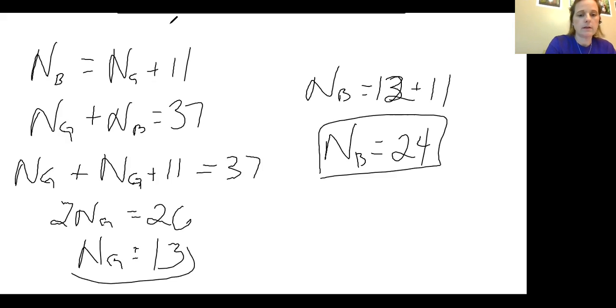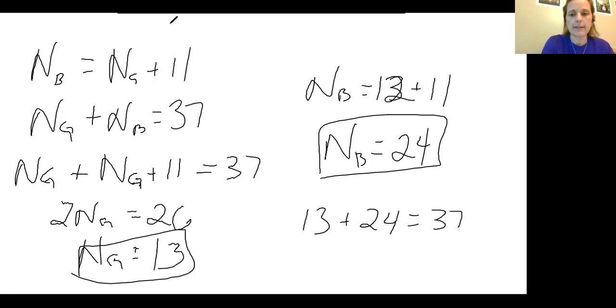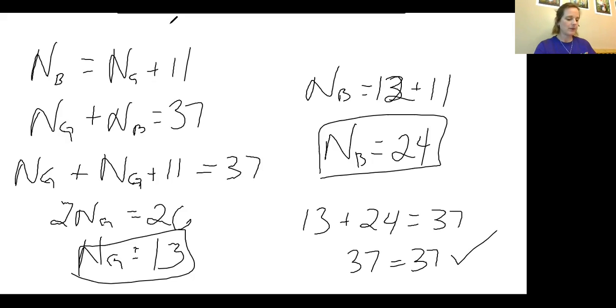All right. It's terrible handwriting. I'm writing on my computer. So that means that the number of girls plus the number of boys should equal 37. 37 definitely equals 37. And we have checked our problem. All right, let me know if y'all have any questions about lesson 90.